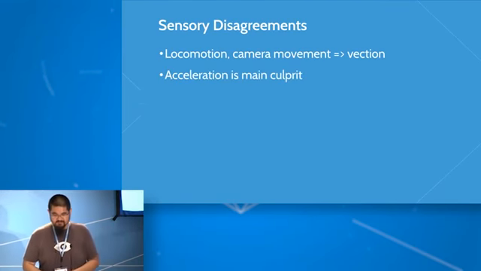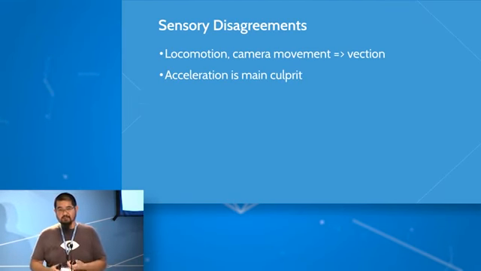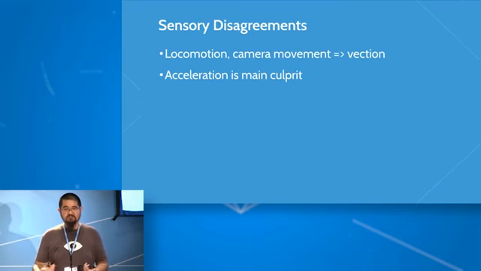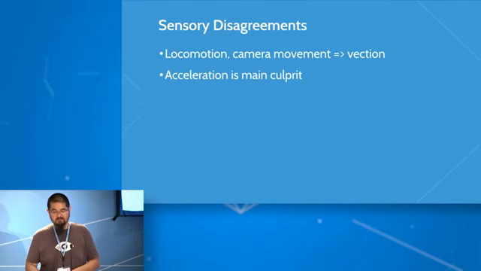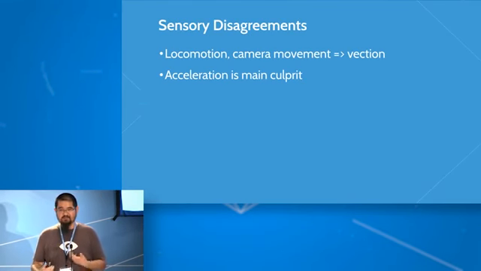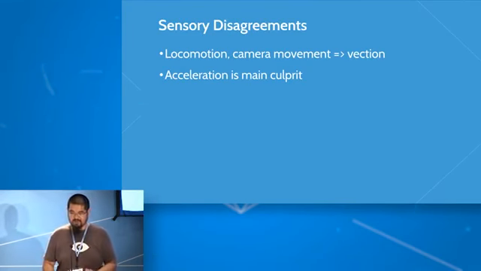Since the vestibular organs primarily pick up on acceleration, any kind of visual acceleration is your main culprit here. It's what's really giving rise to the disagreements, because that's when your vestibular system would normally expect to be active. So one approach people have taken, if they have movement in their content, is to make sure that it's at a constant velocity and it's moving forward in space. This does seem to help, because if you were doing that in real life, just as you would in the Rift, your vestibular organs would be silent.